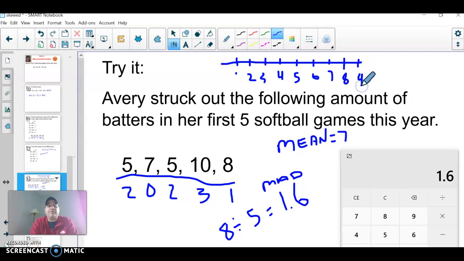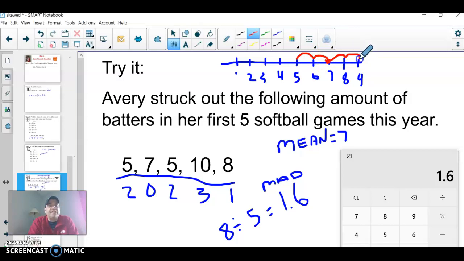So what does this tell me? Her mean is 7. So right here, she strikes out an average of 7 batters a game. What the MAD tells me is how consistent Avery is. So 1.6, I'll round that up to 2. That means she's pretty much striking out 2 people below 7 and 2 above 7.